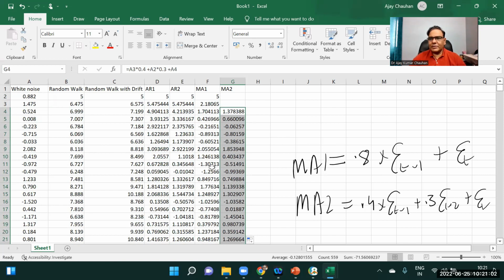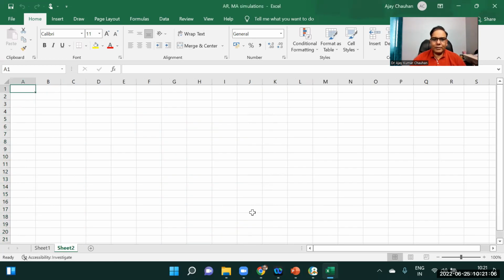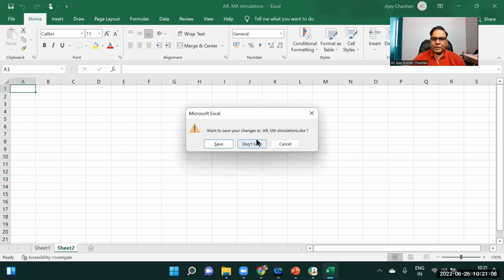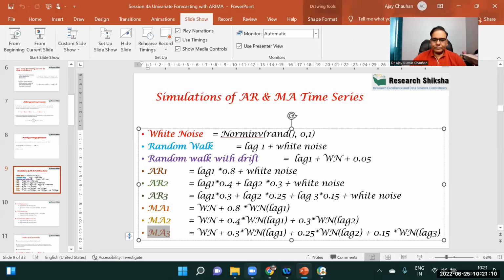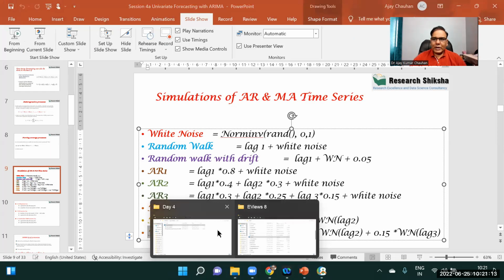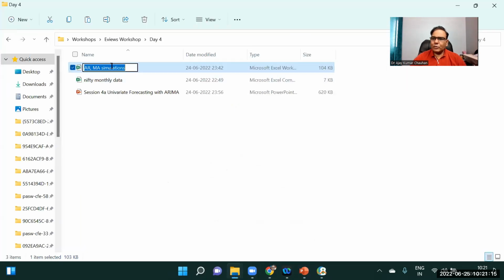Now I'm closing this, not saving it. I already saved it under another name. I already created this file, AR/MA simulations, which I give you. You can see the formulas from here. Now I'm going to open this series in eViews and show you something.